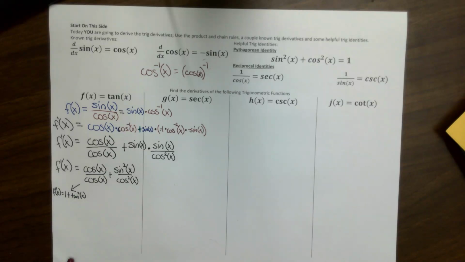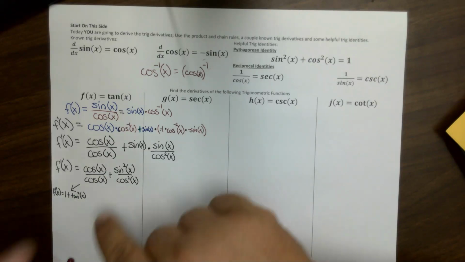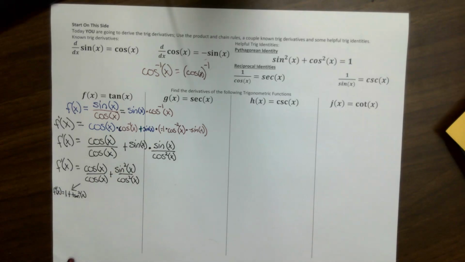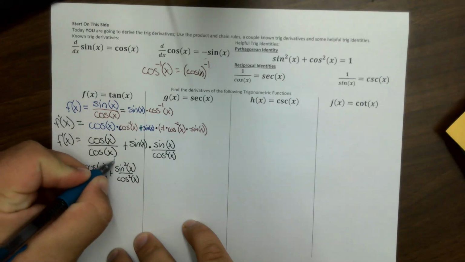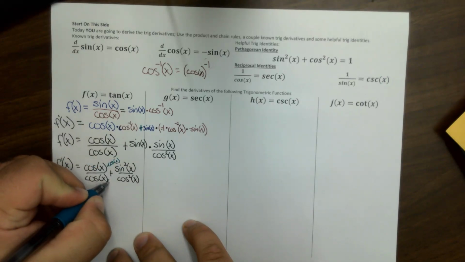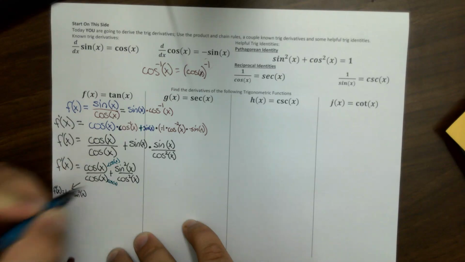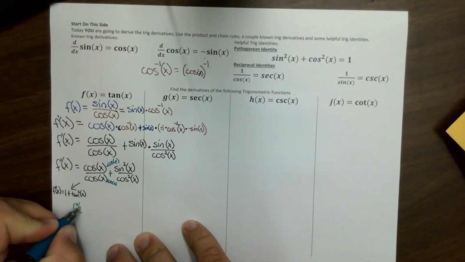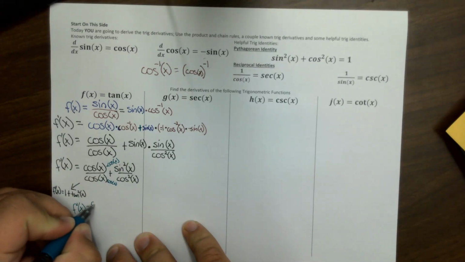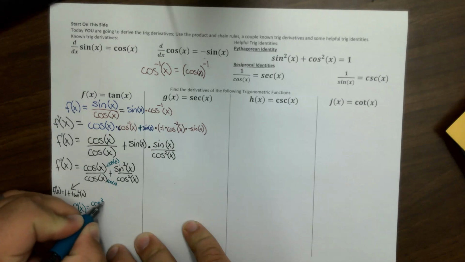Now, let's not use that trig identity, though. Let's multiply these by cosine over cosine. Fancy one. That way we get cosine squared as a denominator.